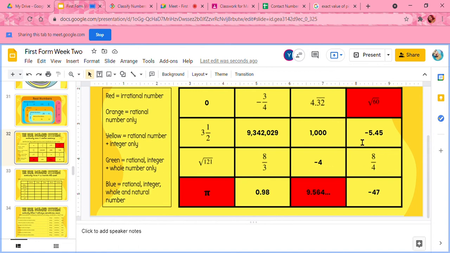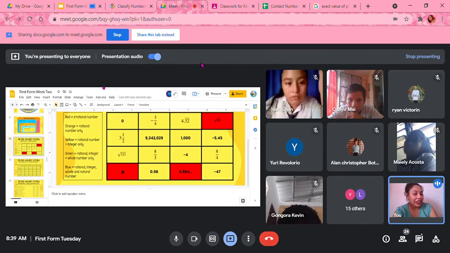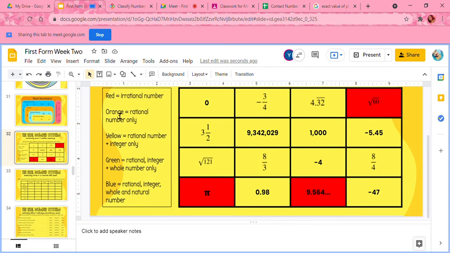The negative 5.45. I can write 0.45 as a fraction. Root 121. We already said that root 121 is not irrational. Do you want to move on to the other one?